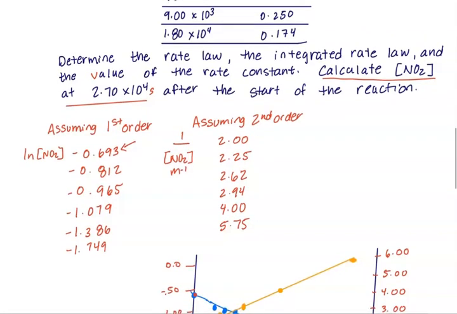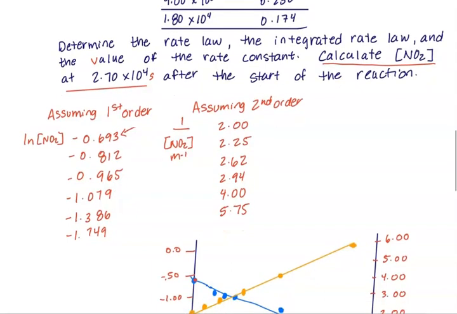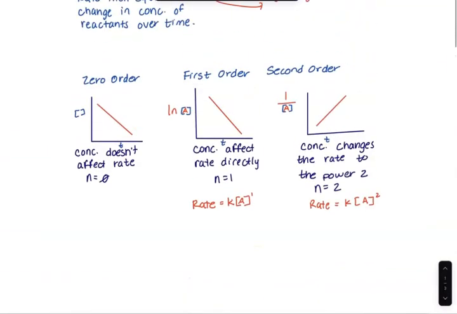So on the left side here, I wrote down, assuming that it's first order. In order to figure out if it is first order, you're going to take the natural log of the concentration. The reason is that whenever you see a first order reaction, you take the natural log of the concentration, and in doing so, you should be able to produce a straight line.